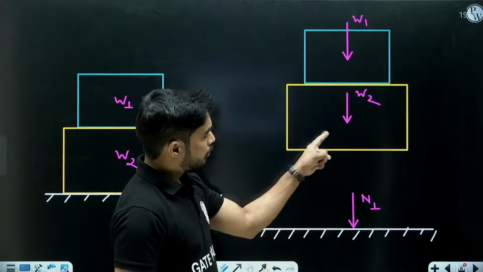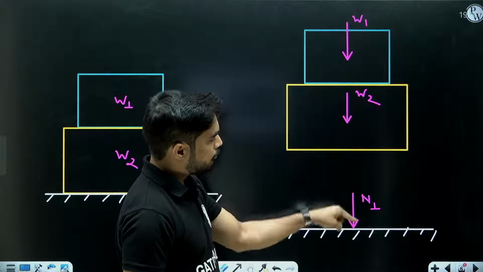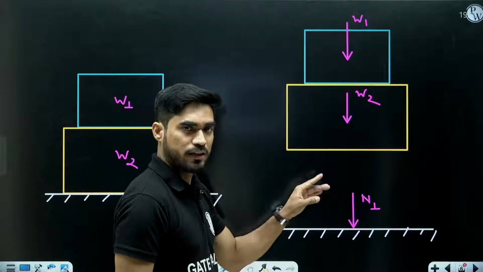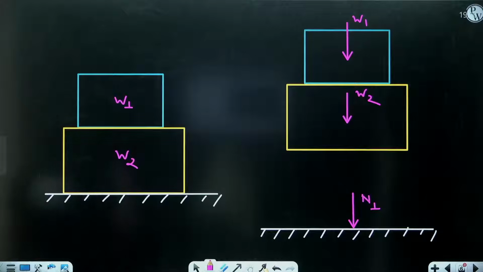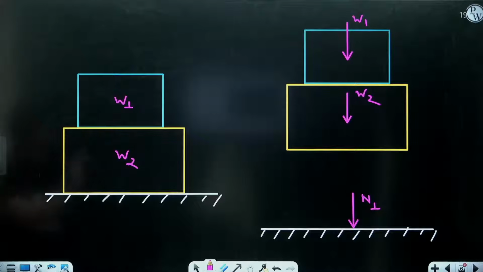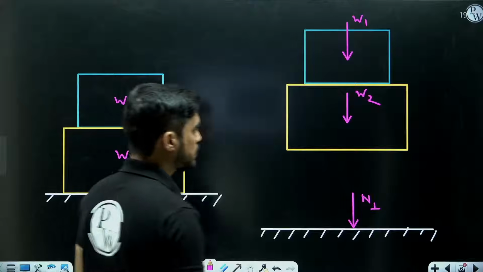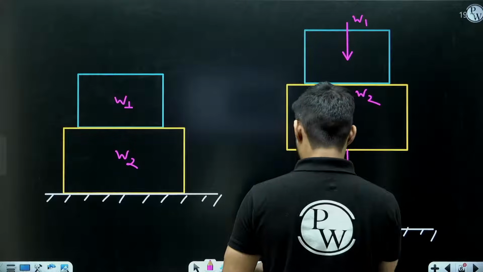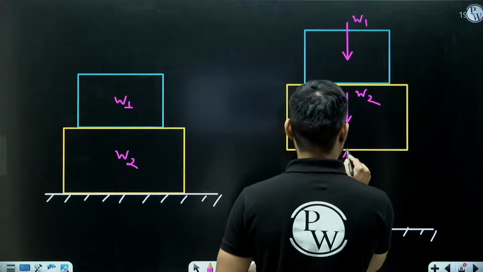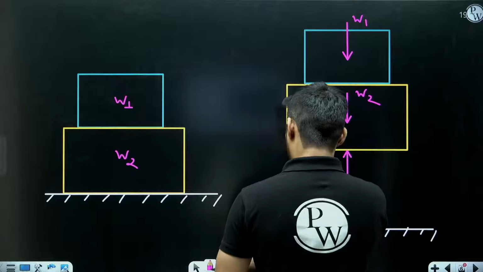So if the yellow box is applying a downward force N1 on the white surface, then the white surface will apply an equal and opposite force on the yellow box. So there will be an equal and opposite force N1 on the yellow box.